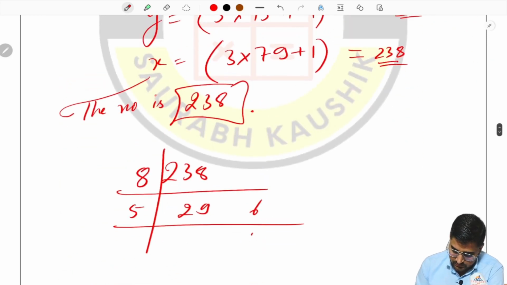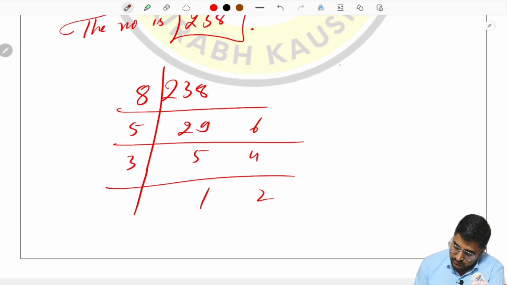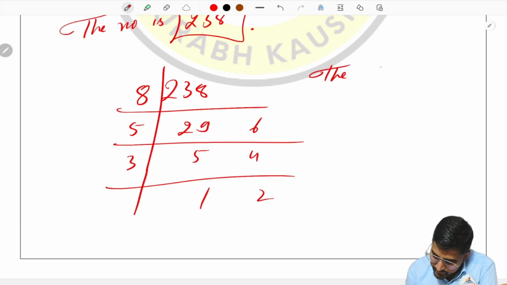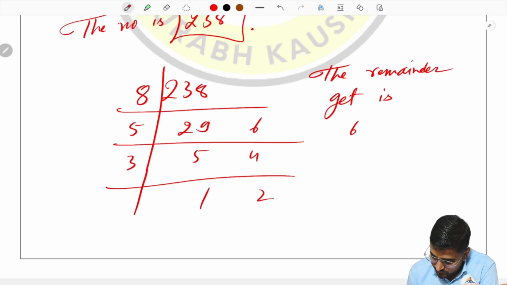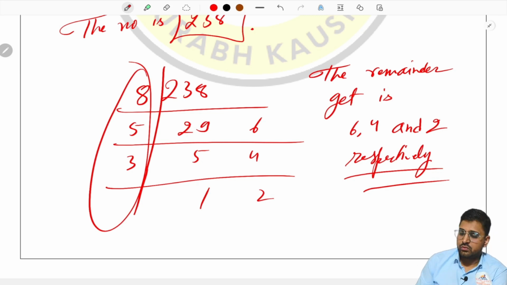Now after 8 it's 5. 5 is easy, the remainder is 4. Now 3 is left, it's even easier. So the remainders we get are 6, 4 and 2 respectively when we divide in the reverse order.